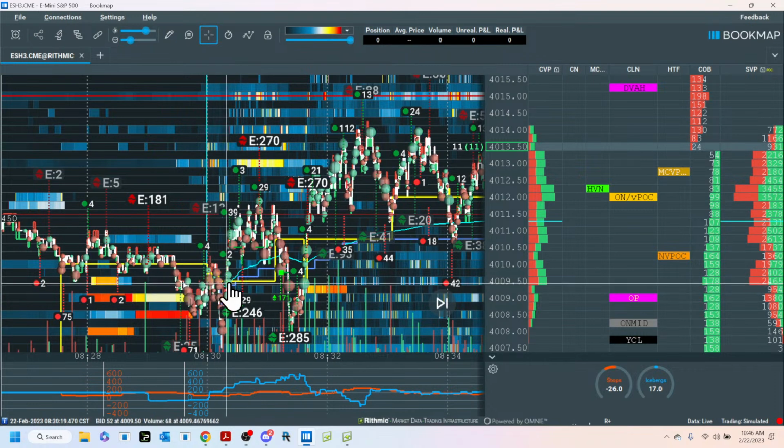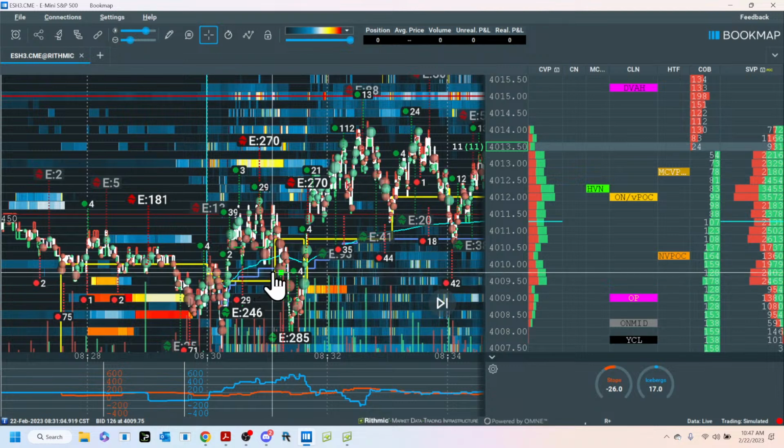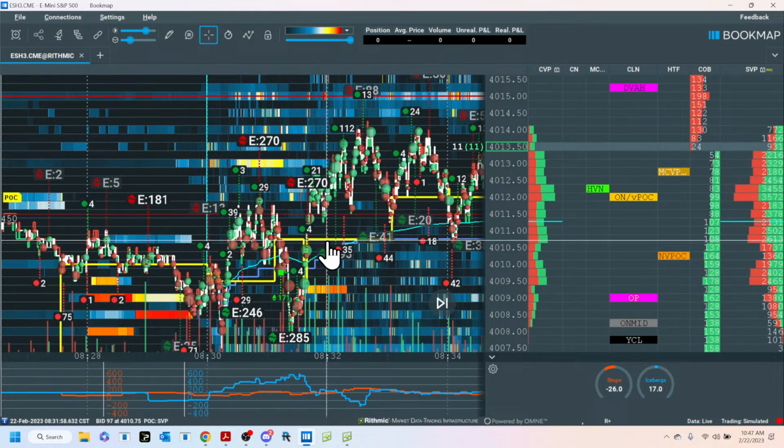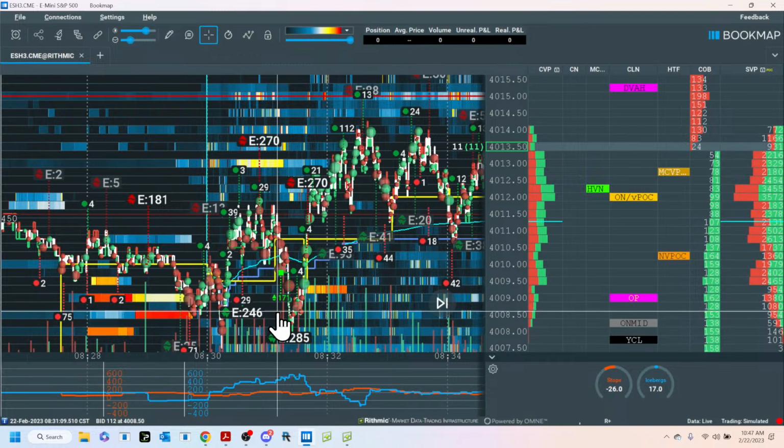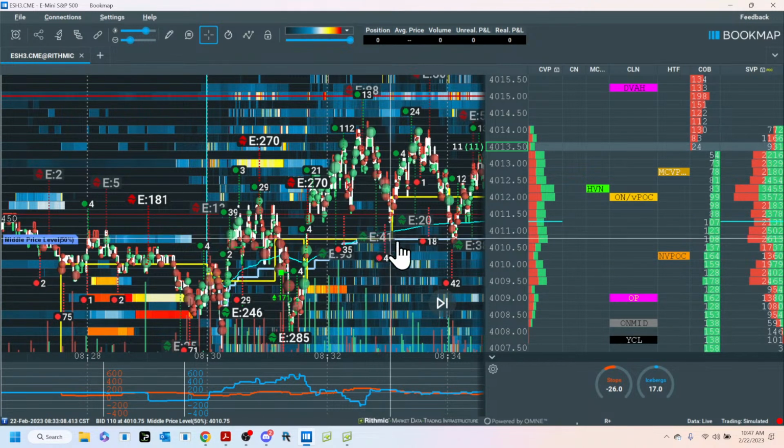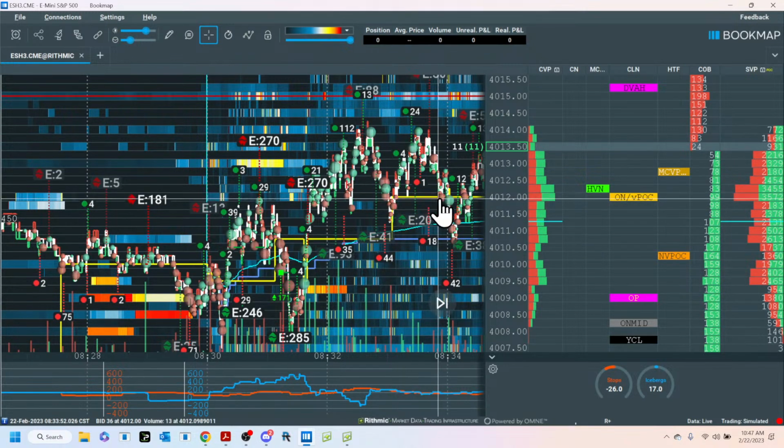RTH open. This is what I call a variable high volume node. This was retail. Volume is moving up, retail. So what this is saying is too low, down here, too low, too low. This is retail.